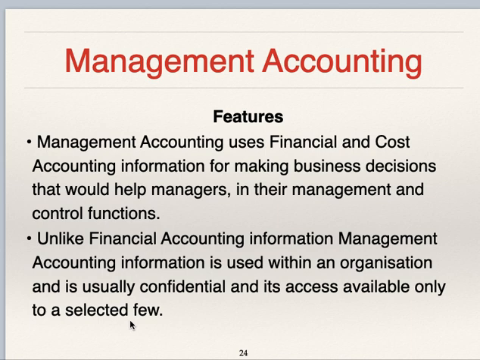So this is applicable to cost accounting also. Financial accounting information is disclosed, revealed to outsiders, whereas cost accounting and management accounting information is used within the organization. It is confidential and its access is not available to outsiders.